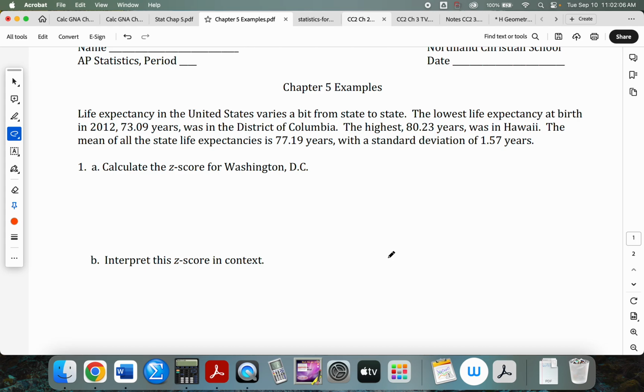The lowest life expectancy at birth in 2012 was 73.09 years, and that's in Washington, D.C. The highest was 80.23 years in Hawaii. And then the mean for all states was 77.19 with a standard deviation of 1.57.